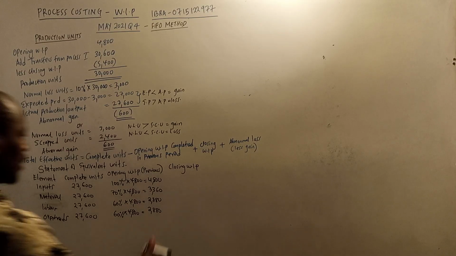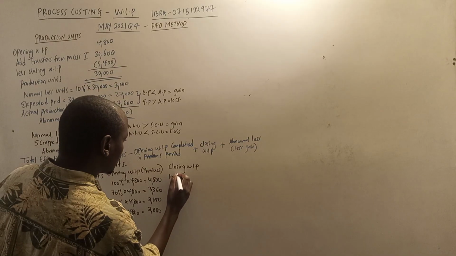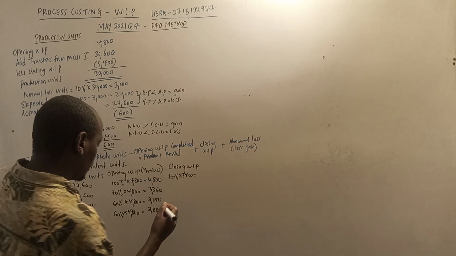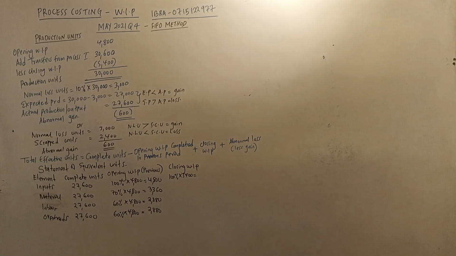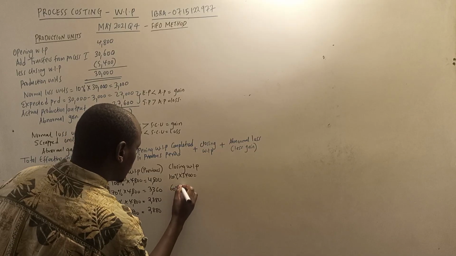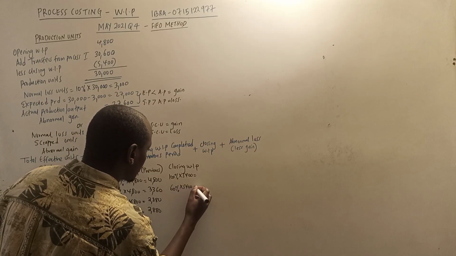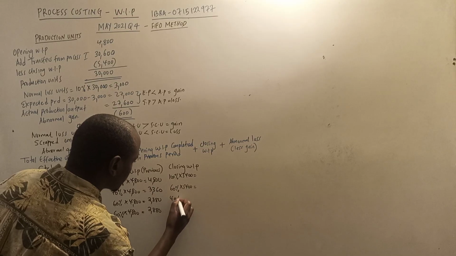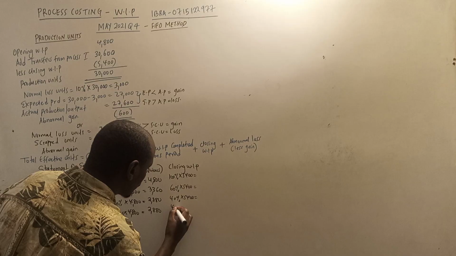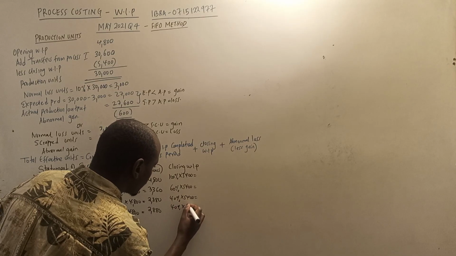The first one is always 100% inputs times 5400. Then 60% times 5400, and 40% times 5400, also 40% times 5400.